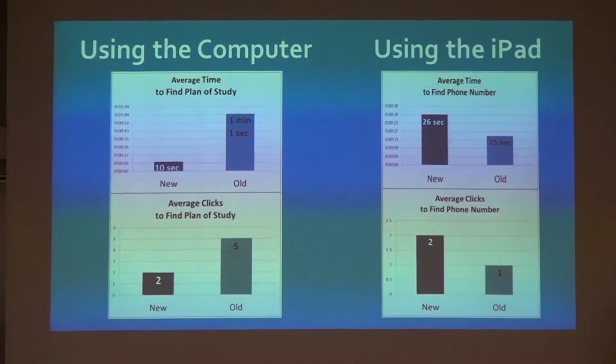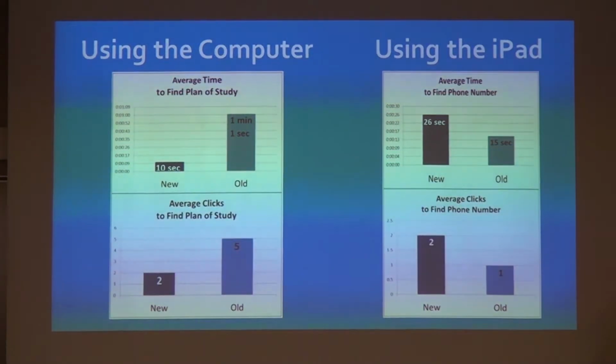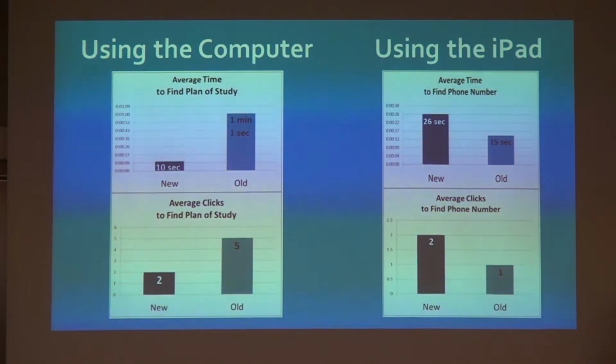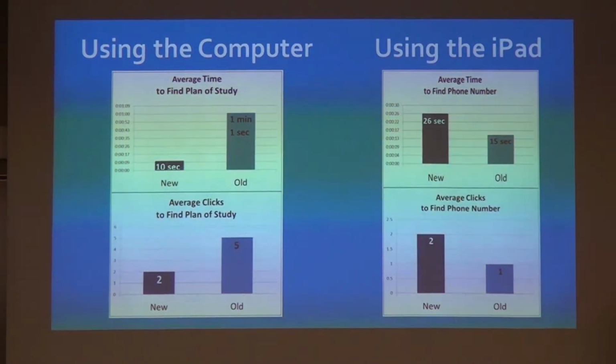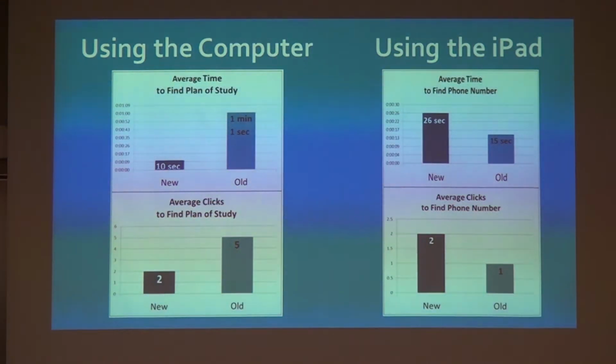On the new site, it took an average of 10 seconds. We also counted the number of clicks it would take to find the plan of study. On the old site, it took an average of 5 clicks, where on the new site, it took an average of 2 clicks.